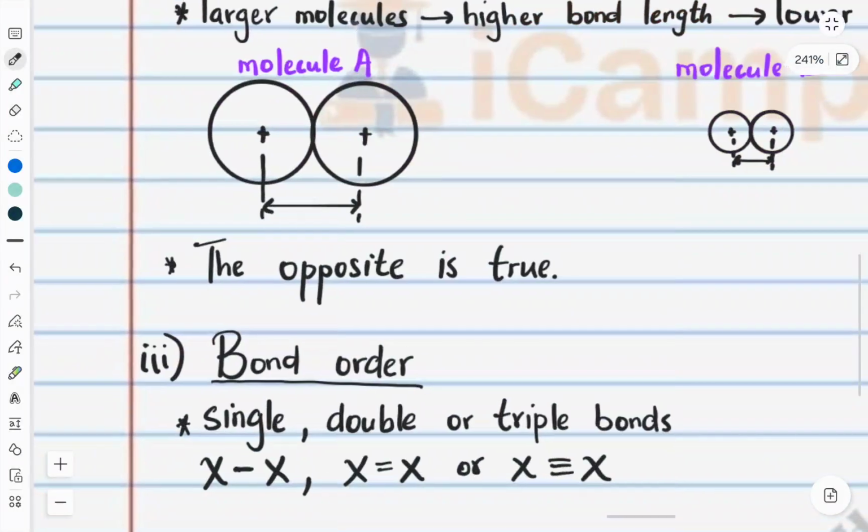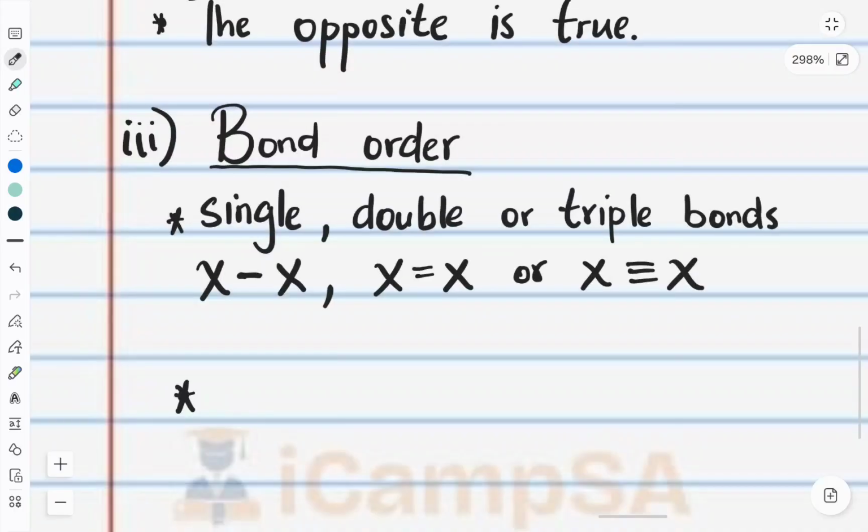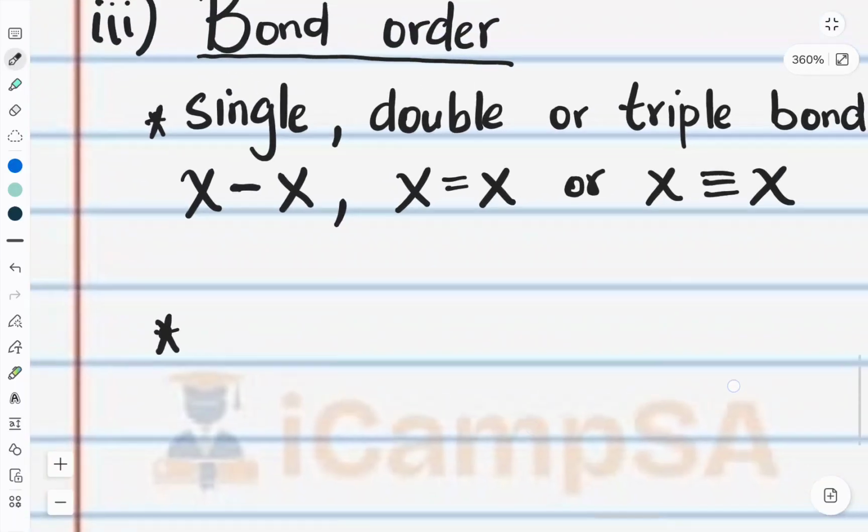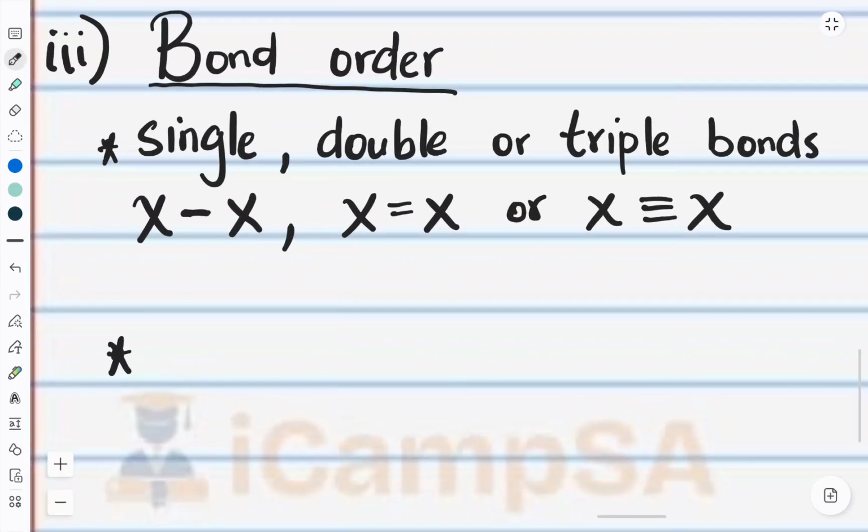Typically what tends to happen is, usually the stronger the bond, the more energy you need to separate the atoms that made that molecule. So usually the stronger the bond, the more energy needed to separate the atoms that made up that bond, or the more energy needed to break that bond.